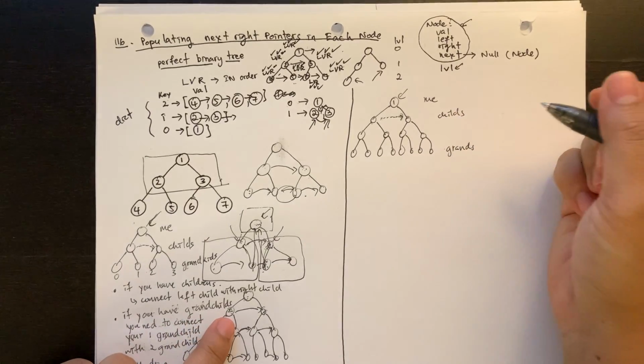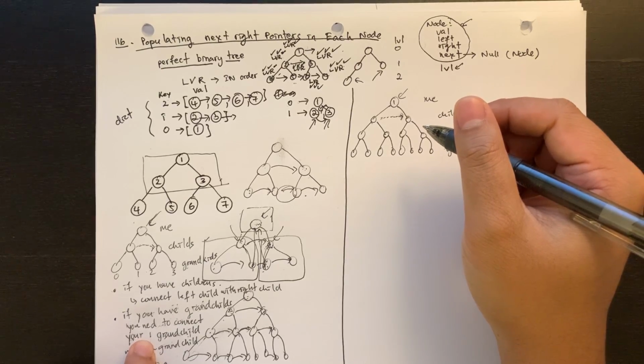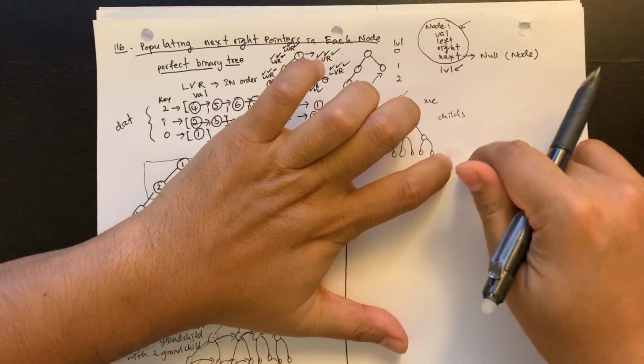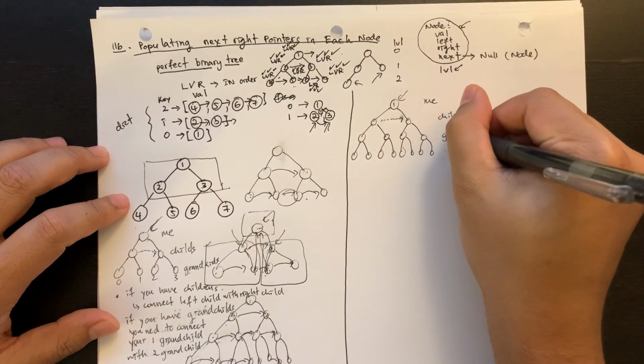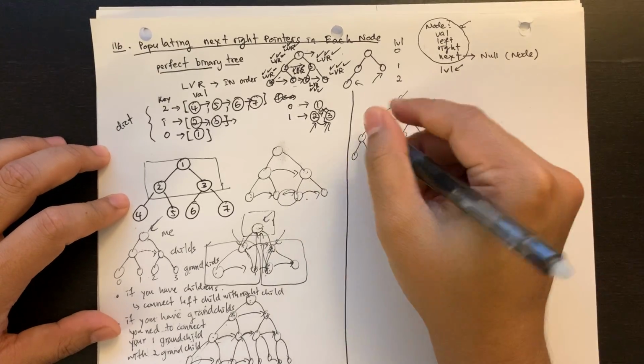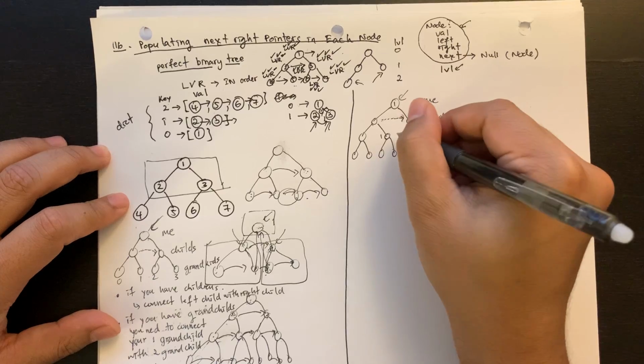So we do this, and if you have grandchildren, this is me, this is my child, this is my grandchild. Oh sorry, this is my great grandchild, so we only care about 2 levels down. So we need to connect our grand 1 with grand 2. So we do this connection.